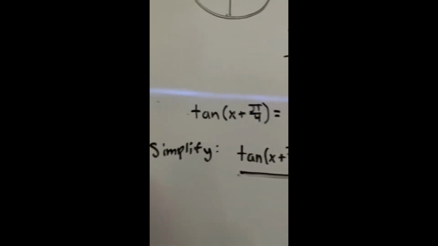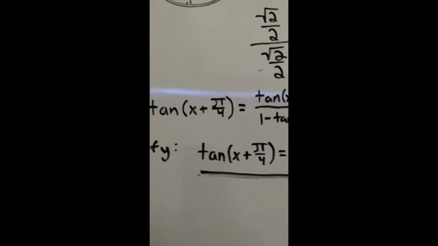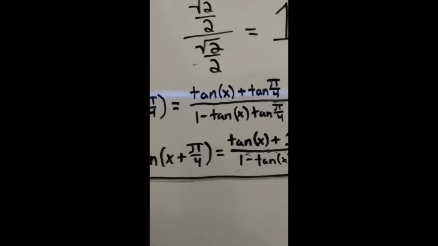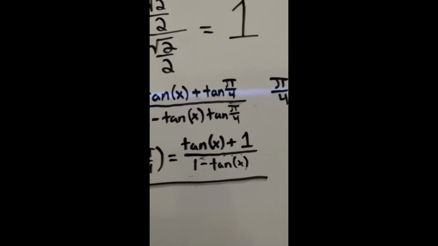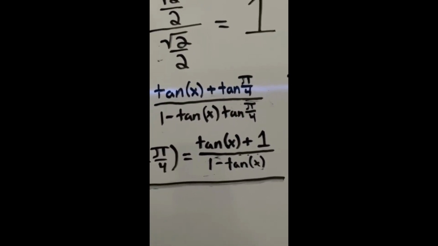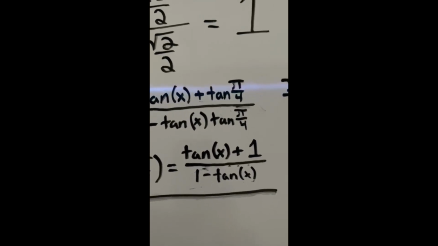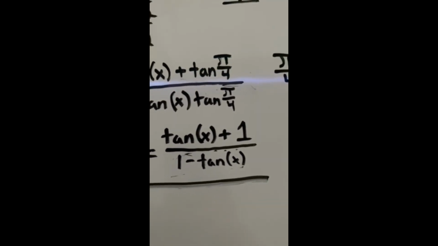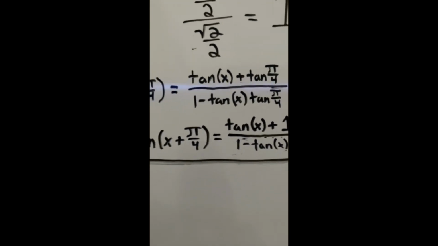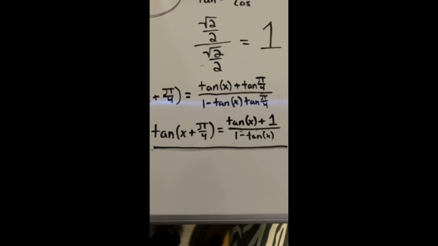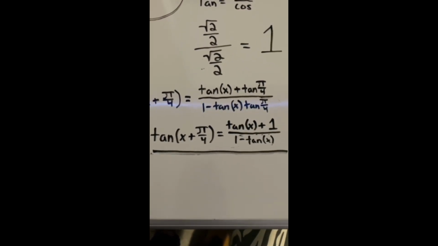Now, we can simplify that even further to get our true answer, which is tangent of x plus pi over 4 equals tangent of x plus 1, notice how we substituted, over 1 minus tangent of x. And we didn't need to include that final tangent of pi over 4 because it would have just multiplied it by 1, which equals the same thing. So our final equation is this, and that is the proved function.